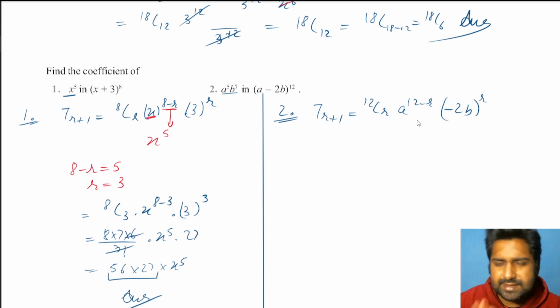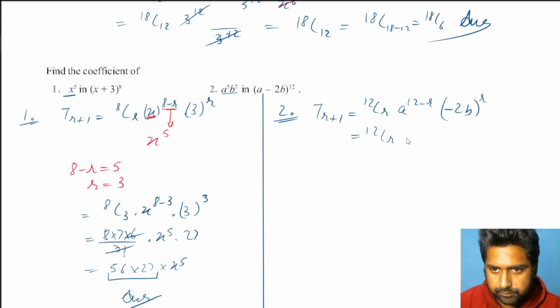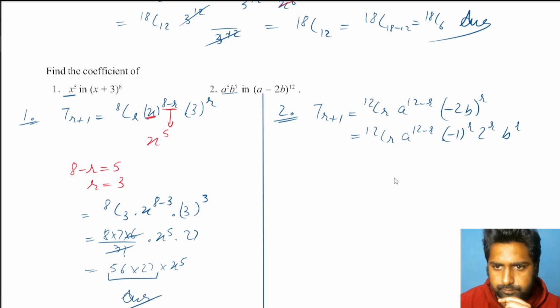Let's simplify it slightly because we need the power of a and power of b. So let's separate them. 12 CR a raised to power 12 minus r. Using the property of separation, you can rewrite this as minus 1 raised to power r, 2 raised to power r, b raised to power r.